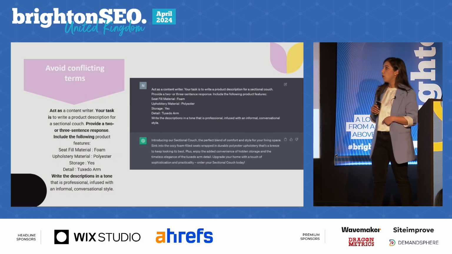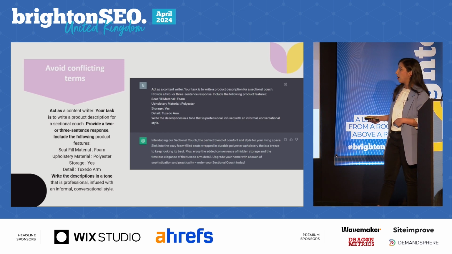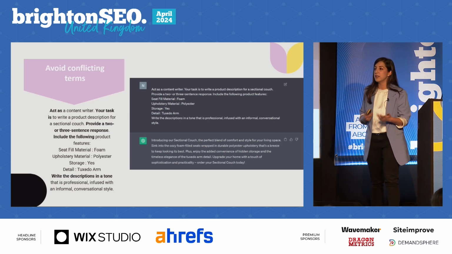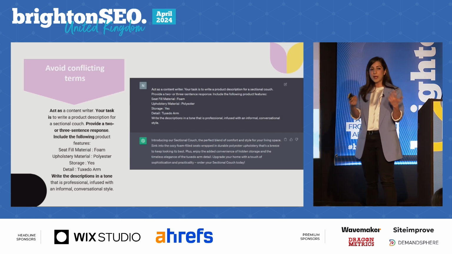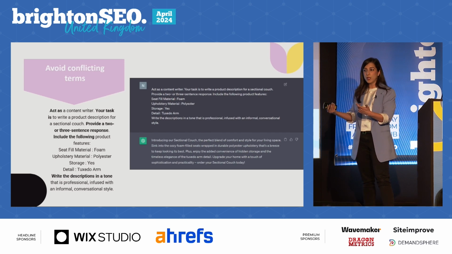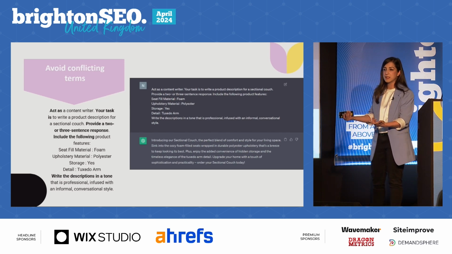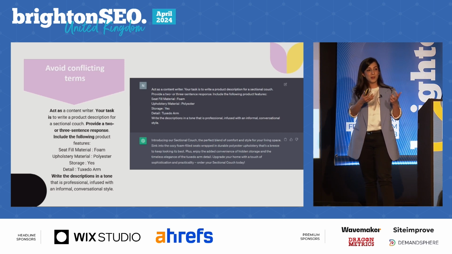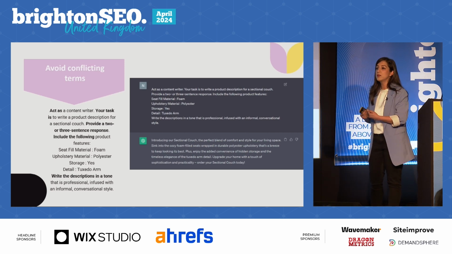And last, overall, as we are getting close to our output, probably not perfect, but at least close, is where you want to avoid conflicting terms. What that means is you do not want to introduce any confusion. If you say you have 20 features to give, but you only want a description of 2 sentences, the model is going to get confused on how it is supposed to include all 20 features within 2 sentences.